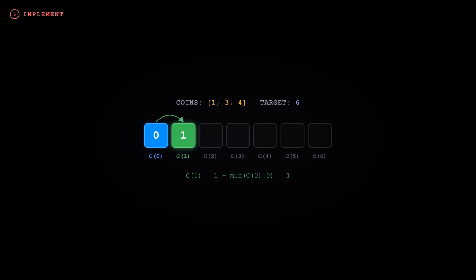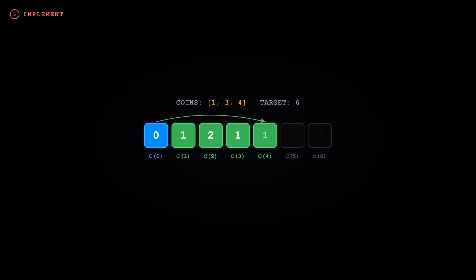Let's do it. C of 1. Only the 1 coin fits, so that's 1. C of 2. Again, just the 1 coin, giving us 2. Now, C of 3. This is where things get interesting. Both the 1 coin and the 3 coin work, but the 3 coin gives us 1 plus C of 0, which is just 1.